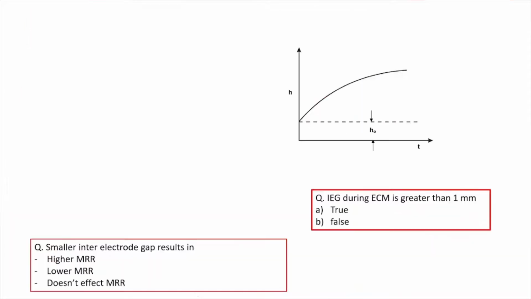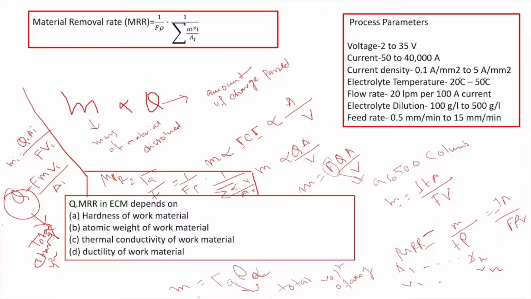So we'll get in such a way the material removal rate. Okay. So we need to know the dynamics of the electrochemical machining process as well here. So here, one question from the previous slide: MRR in electrochemical machining depends on hardness of work material, atomic weight of work material, thermal conductivity of work material, or ductility of work material.